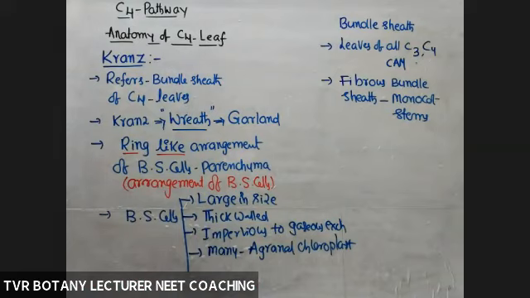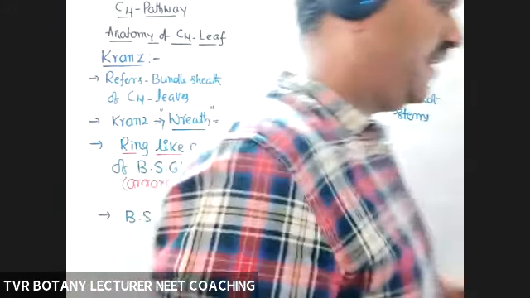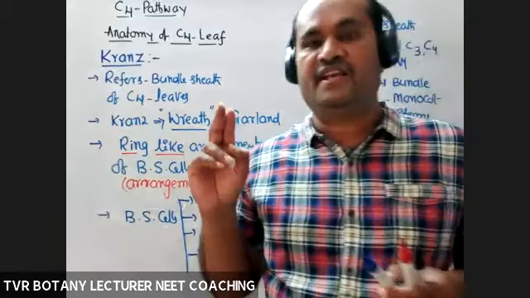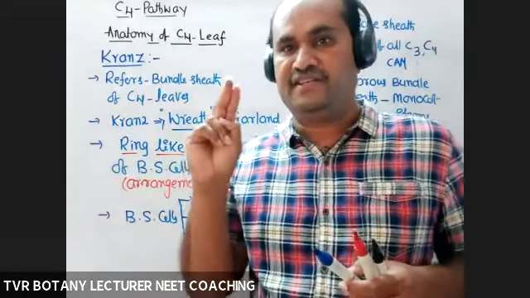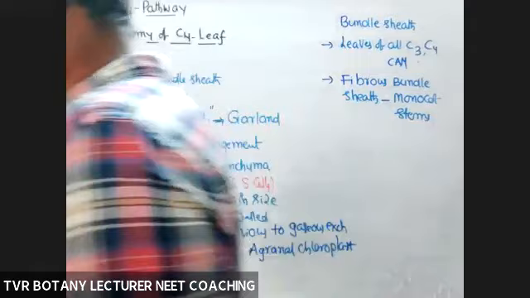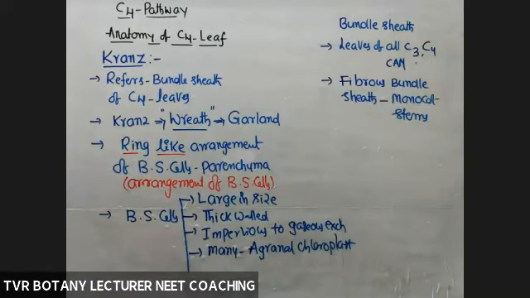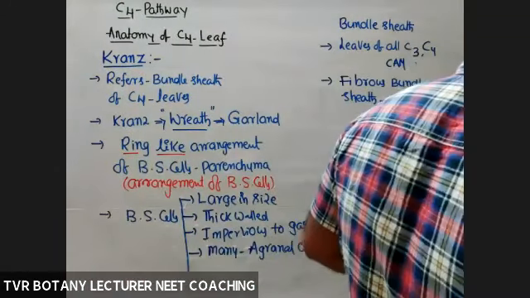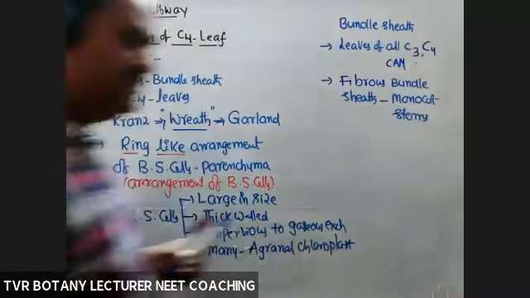Even though it was not given inside the textbook, how many kinds of chloroplasts are present in C4 plants? Two kinds. One is granal chloroplast, second is agranal chloroplast. Granal chloroplasts are present in mesophyll cells, and agranal chloroplasts are present in bundle sheath cells.